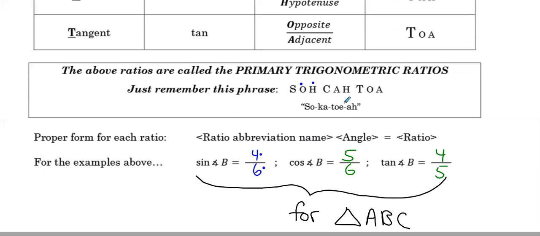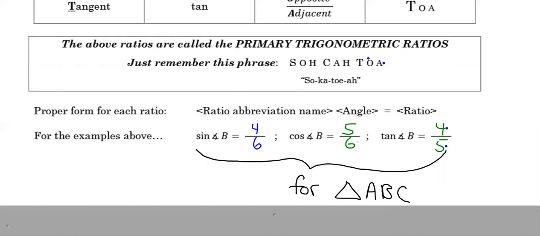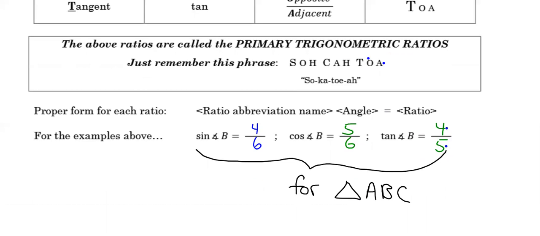Cosine of angle B is the adjacent side divided by the hypotenuse. There's the adjacent length and the hypotenuse length. And the tangent of angle B is the opposite length divided by the adjacent length. That gives you a little insight into how the ratios work.